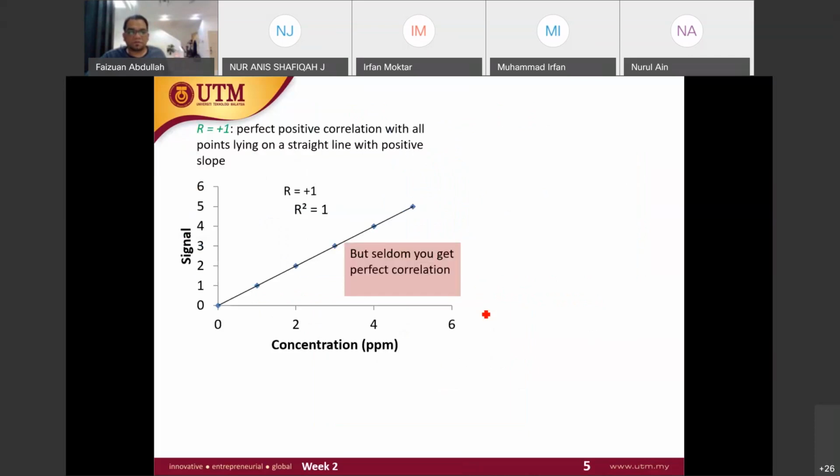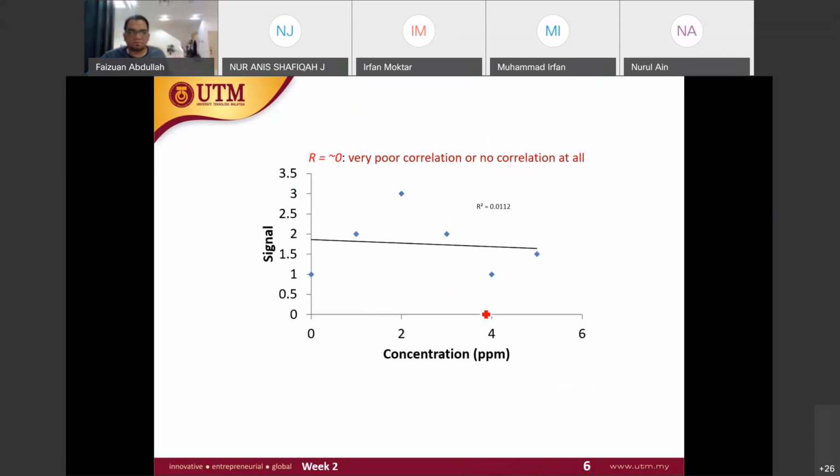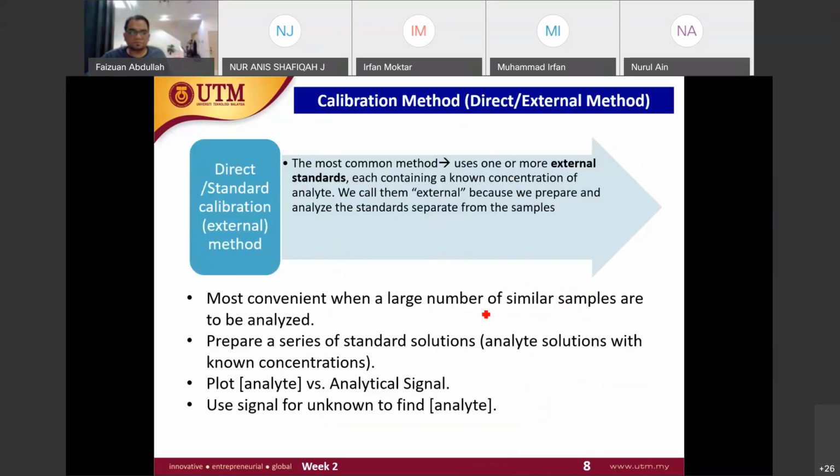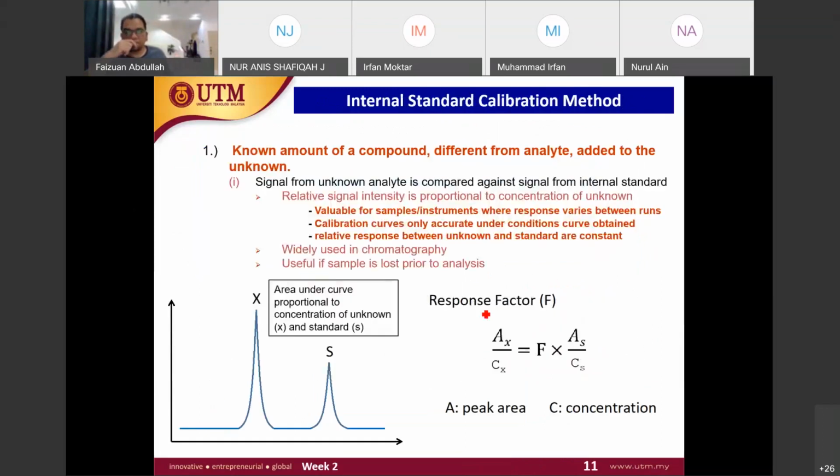But different for chromatography, we have also the internal calibration method, which is we put the compound that is different from the analyte. Okay, but we know for standard calibration previously that we put a similar compound with the analyte as the calibration, but for internal standard calibration we put a different compound from the analyte, but with a constant.